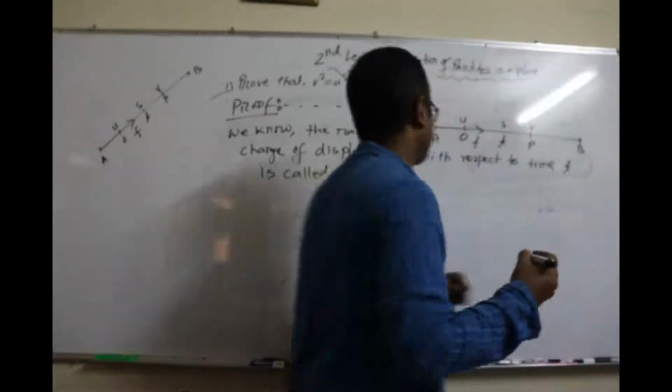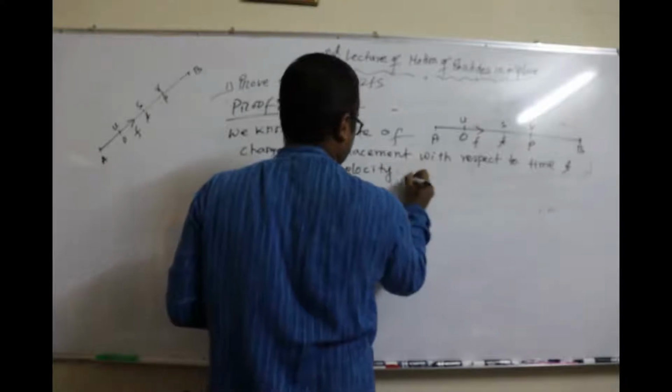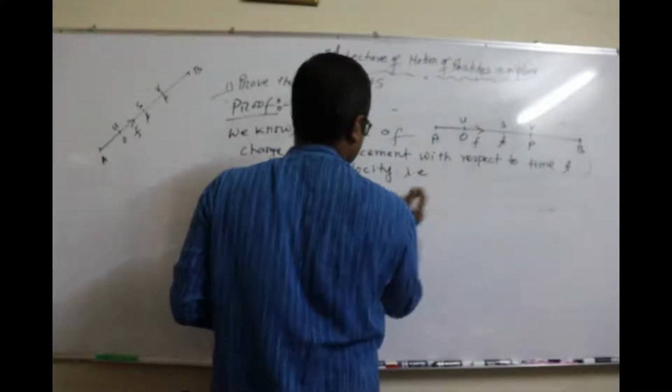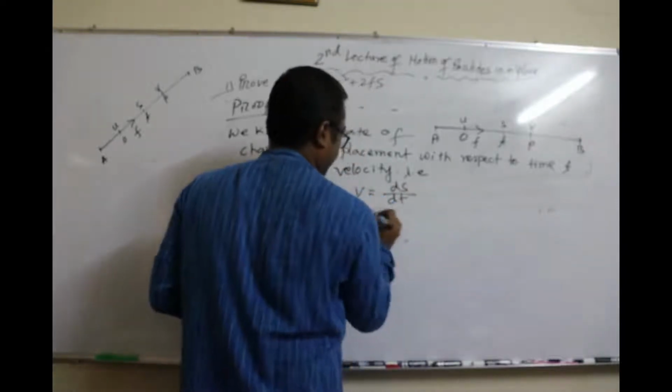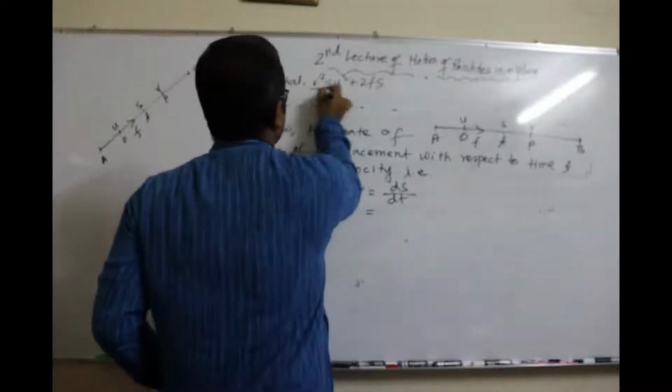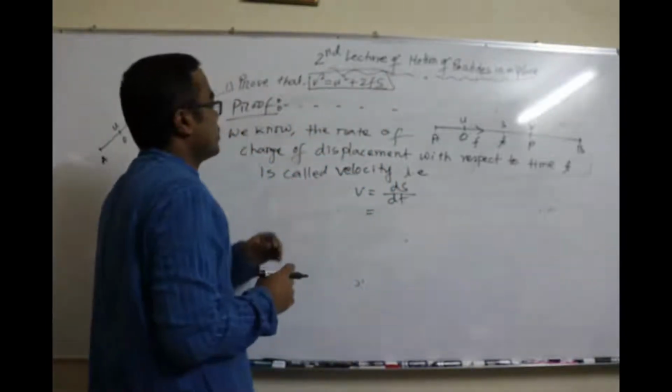Thank you very much. That is v equal to ds by dt. Okay. Our focus is what? v square equal to u square plus twice fs. We need to prove this one.